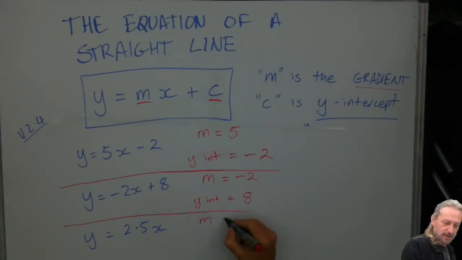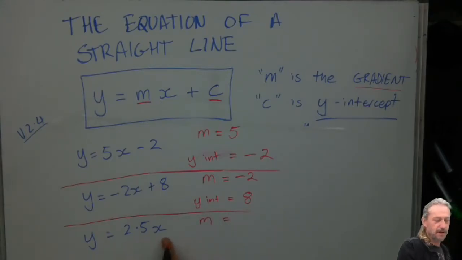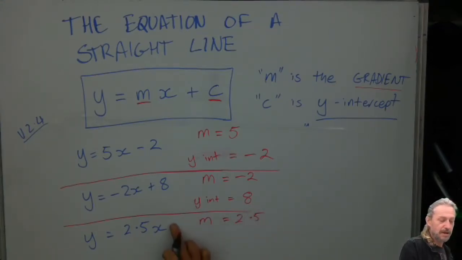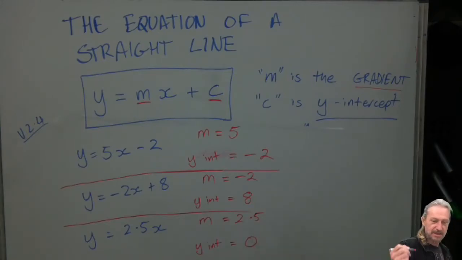And this last one, y equals 2.5x. So our gradient is 2.5. And the y-intercept, we've got nothing over here. So our y-intercept is at 0. Hope that makes sense.